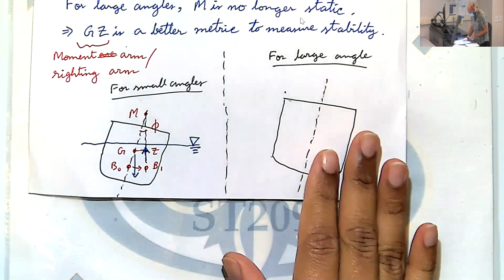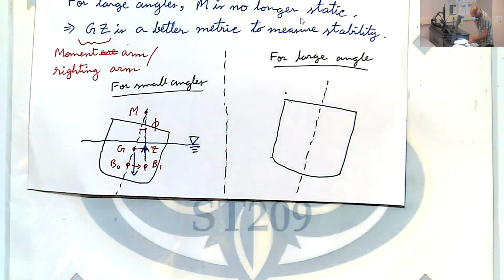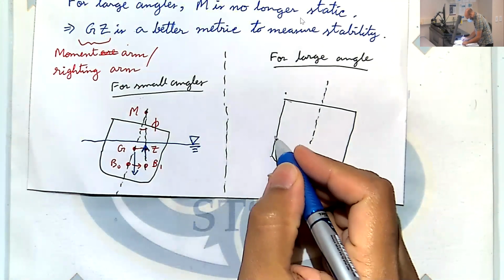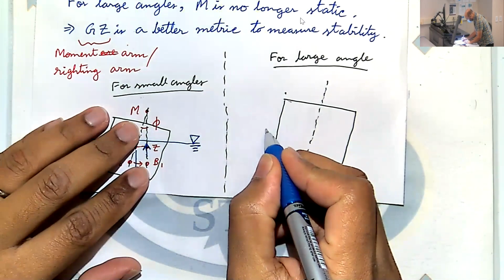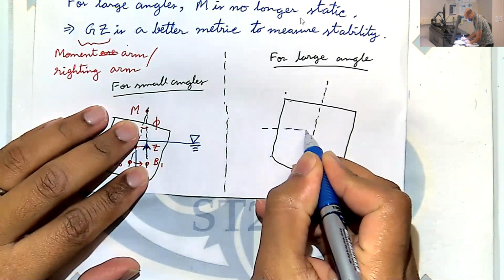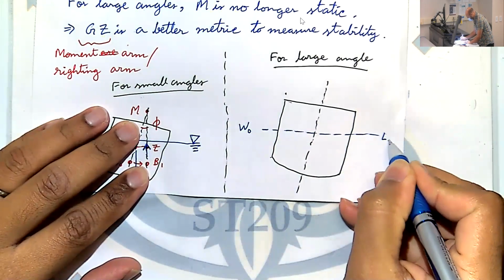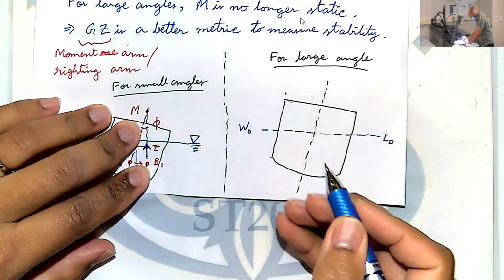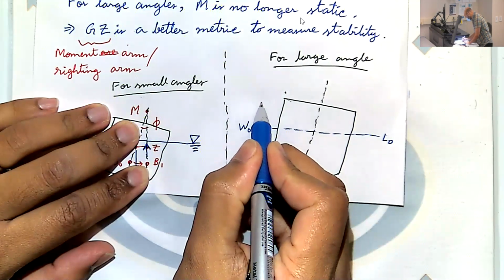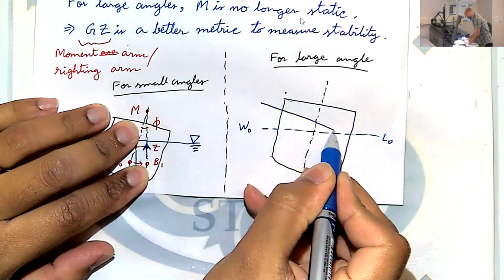Let me just draw a few things here. Let's say the original water line is that, and the new water line is this.